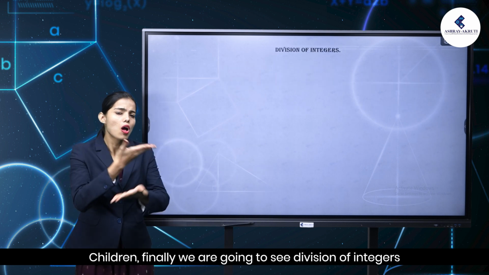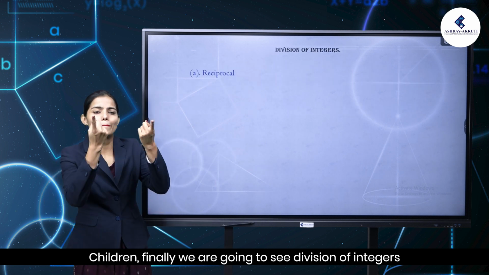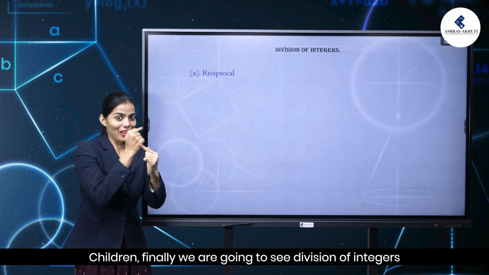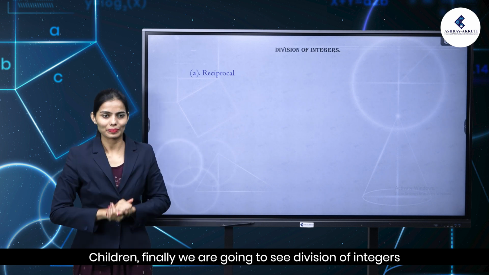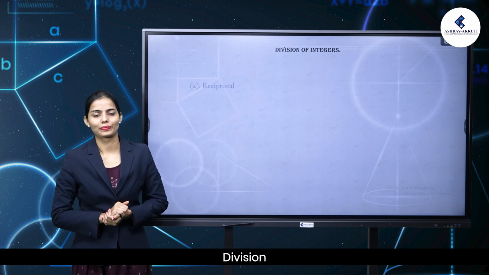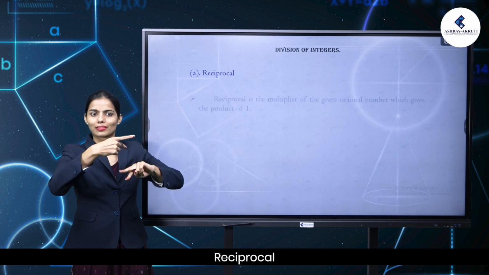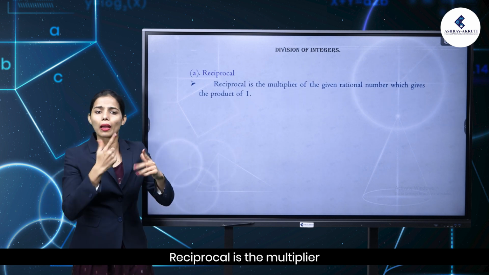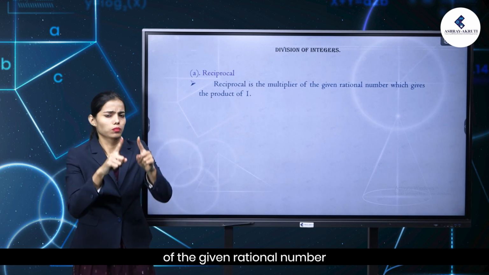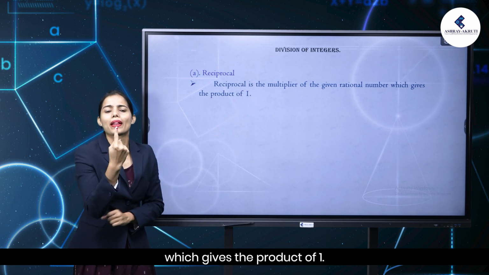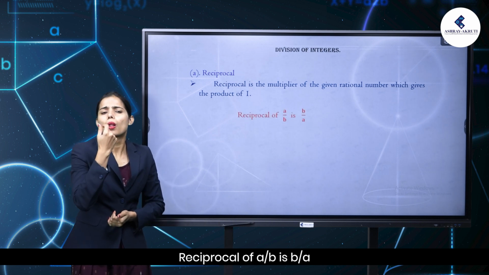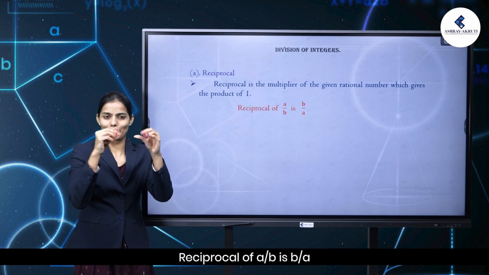Children, finally we are going to see division of rational numbers. Division. Reciprocal. Reciprocal is the multiplier of the given rational number which gives the product of 1. Reciprocal of A/B is B/A.